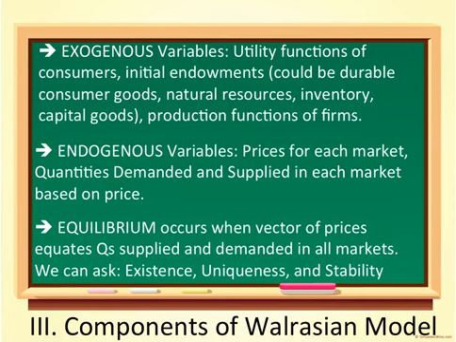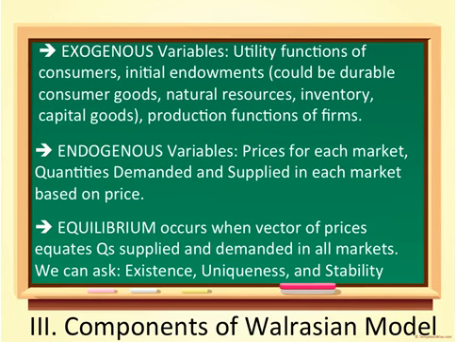Now, given a listing of the exogenous variables, we can ask, does equilibrium exist? It might not. It's possible you could set up the model and then demonstrate there does not exist a set of prices that would cause all the markets to clear. For a market to clear means the quantity supplied and demanded are equal in that market. All right, so you can ask the question, does equilibrium exist?